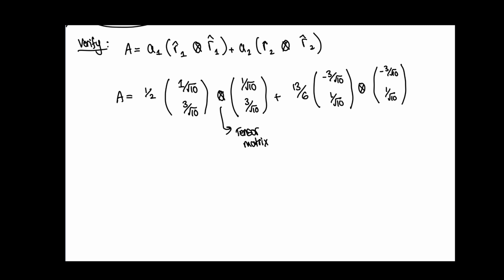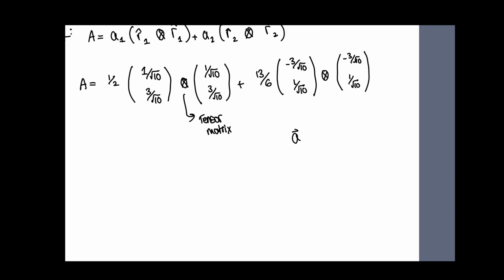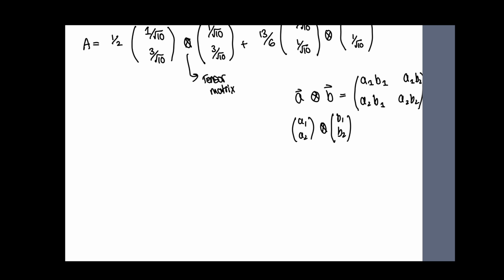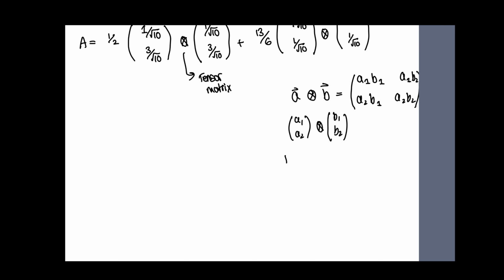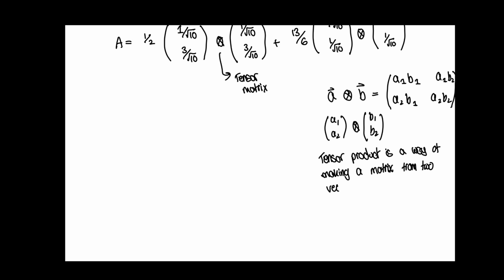To work out a tensor product, if we had a vector A and a tensor product and then vector B, we would work this out by doing A1 B1, A1 B2, A2 B1, and A2 B2, where A is A1, A2, and B is B1, B2. So the tensor product is a way of making a matrix from two vectors. Also, this should say tensor product.